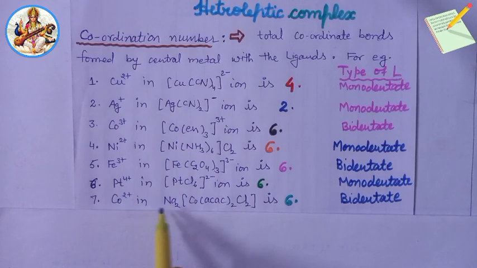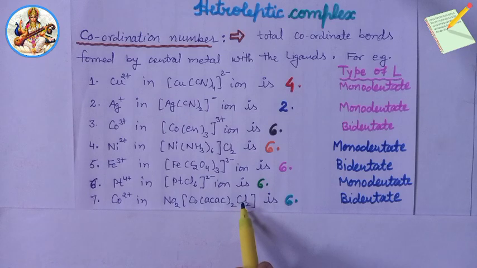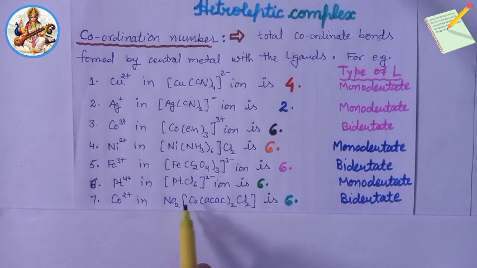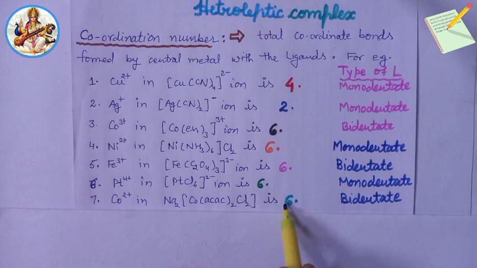Similarly, cobalt 2+ in Na[Co(acac)2Cl2] is 6. We know that acac is a bidentate ligand, whereas chlorido is a monodentate ligand, therefore 2 into 2 is 4, plus 2 is 6. So we can say that the coordination number of the central atom cobalt is 6.